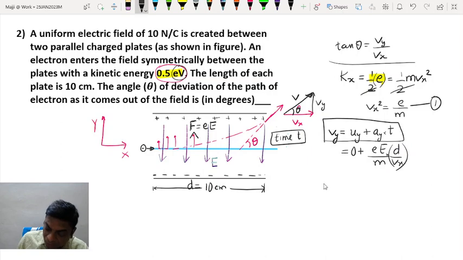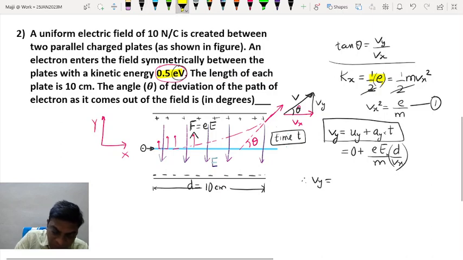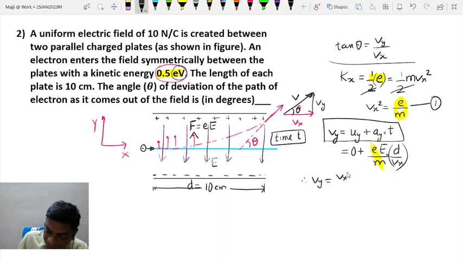Here acceleration is force by mass, so Vy is equal to E by m into d by Vx. And what is e by m? e by m is Vx square. So Vx square into capital E d upon Vx.